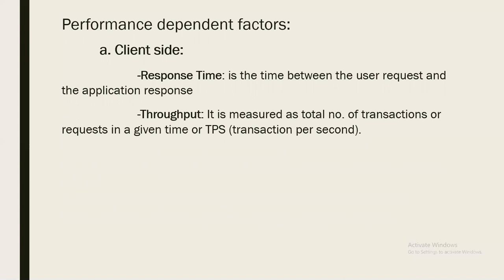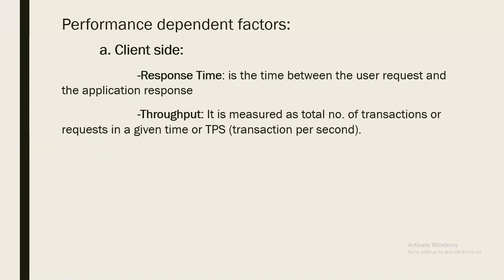Throughput. How many transactions it allows in a specified amount of time. Throughput means how many transactions or requests it allows in a specified time. There is transactions per second, TPS.